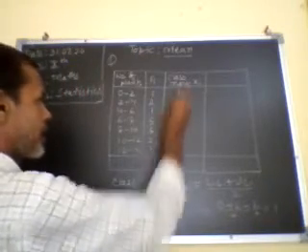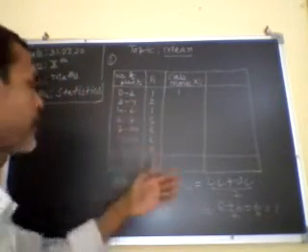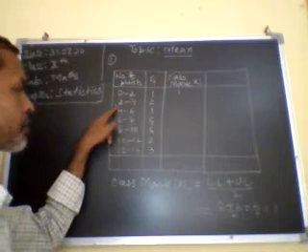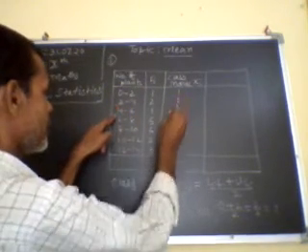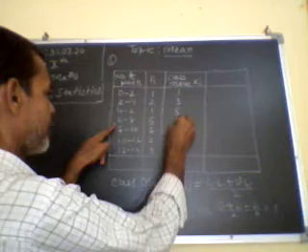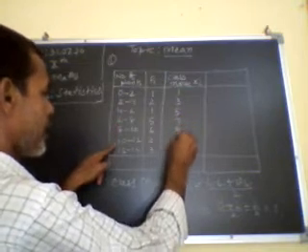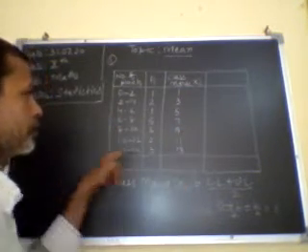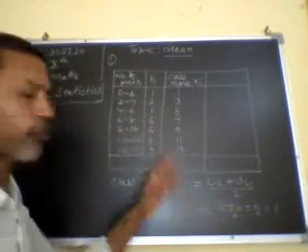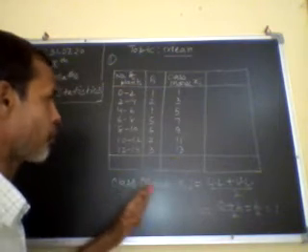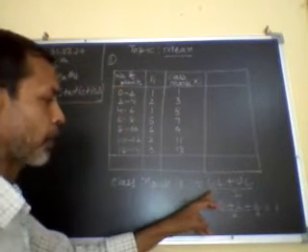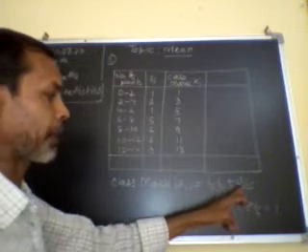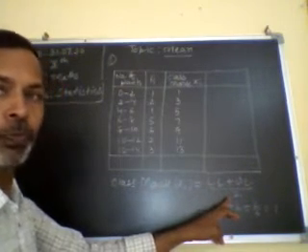So class mark is 1. In a similar way, we find the class mark of the second class interval: 3, 5, 7, 9, 11 and 13. These are the class marks. You have to find the class mark of each and every class interval from the formula of lower limit plus upper limit divided by 2.